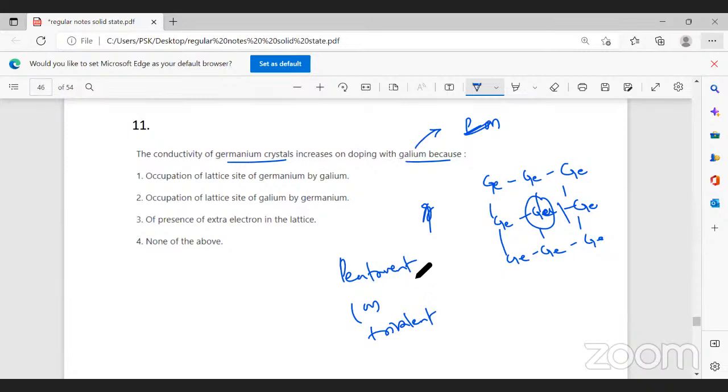Any kind of doping, whether pentavalent or trivalent, works. So the conductivity of germanium crystal increases on doping with gallium because of occupation of lattice site of germanium by gallium. Here they have reversed. We are talking about the conductivity of germanium, so one of the germanium atoms is replaced by gallium. Therefore conductivity increases. The answer is option 1. Clear?